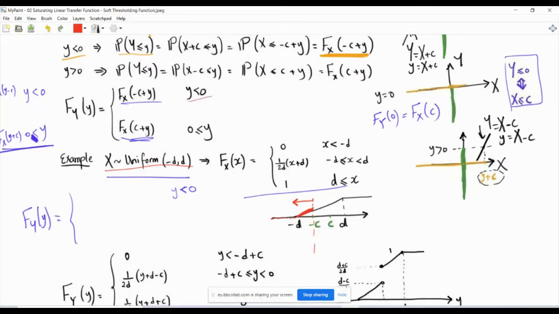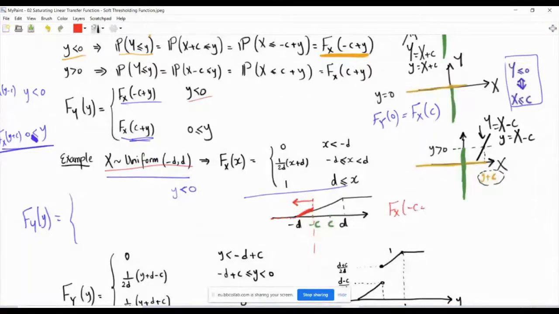So if you investigate y less than 0, which means you are talking about minus c and then a negative number, then you are talking about the part below minus c. But then there are actually two cases: a case in which the CDF of x is 0, and a case in which it's this linear part. So when is the CDF of x equal to 0?